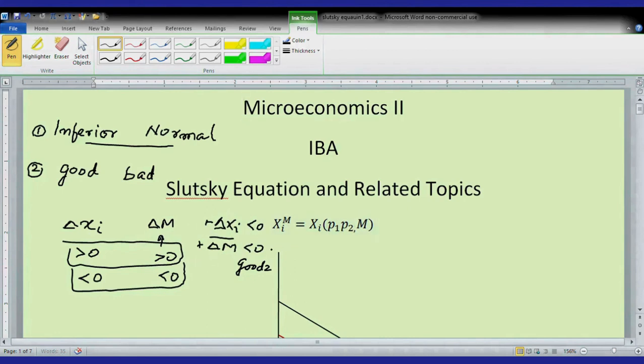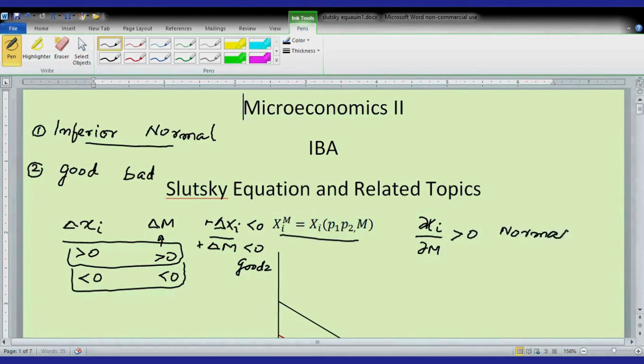In terms of the demand function, what we are trying to say is that normal goods are the goods such that if we take the derivative of its demand function with respect to income, this derivative must be greater than 0. And this is something that is true for normal goods.